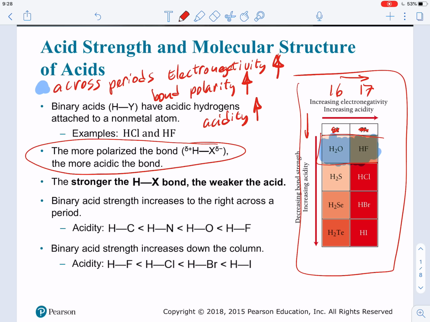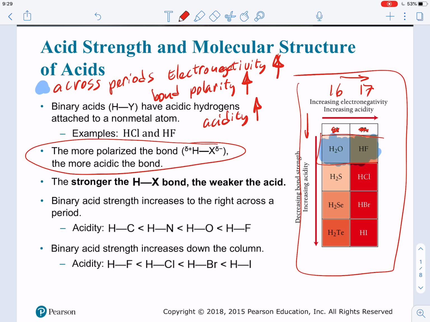Now, if you are moving down a group, then the acids will become stronger. And the reason for that is, yes, polarization has to do with acidity, it will make the acid stronger, but it also might make that bond stronger, because polarization means those partial charges are also stronger. So the more polarized a bond is, the stronger those partial charges are, and the more strongly they attract each other.